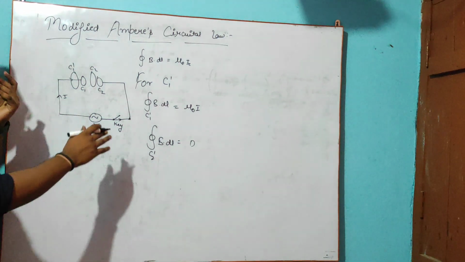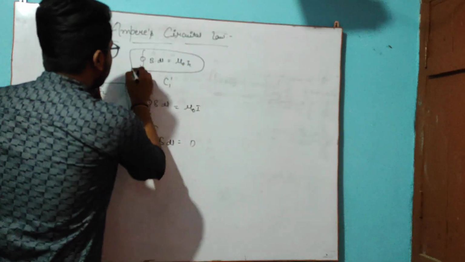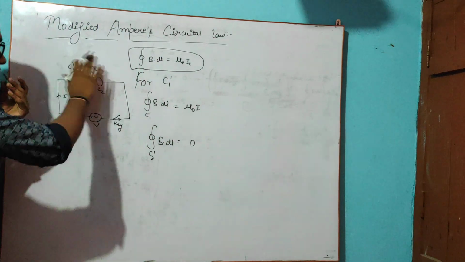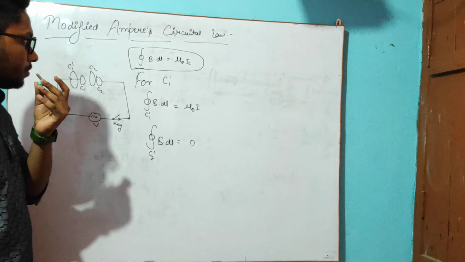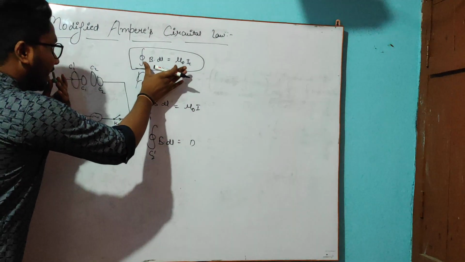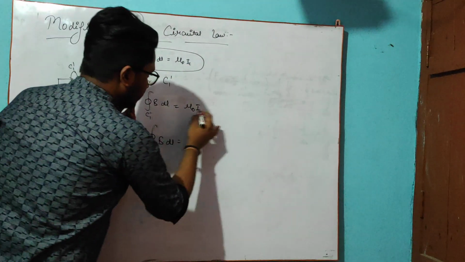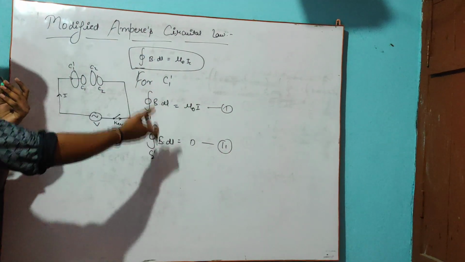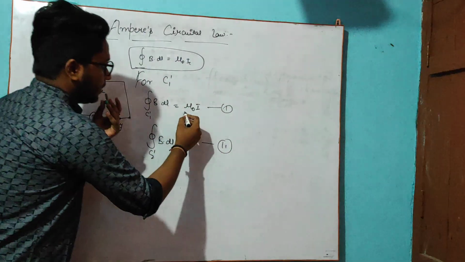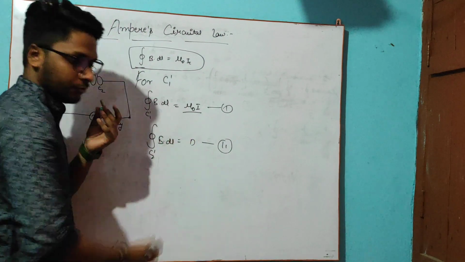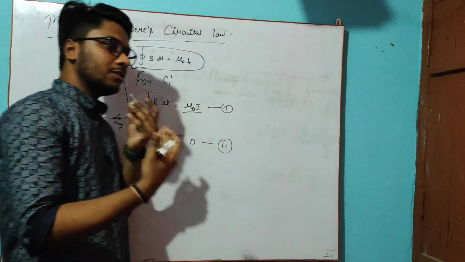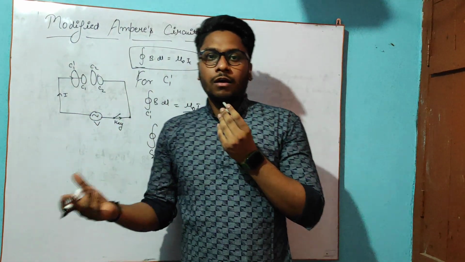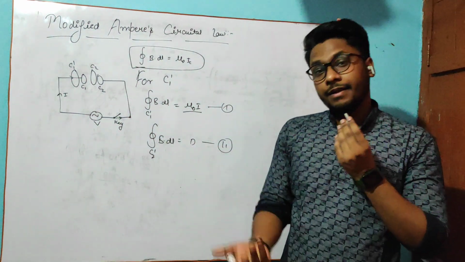Now in order to make this formula consistent, it has to be valid for each and every point throughout this circuit. So for this formula to be valid, both equations must be equal. But how can they be equal? The right hand side is mu naught I and this is 0.